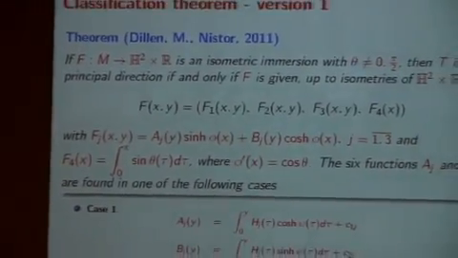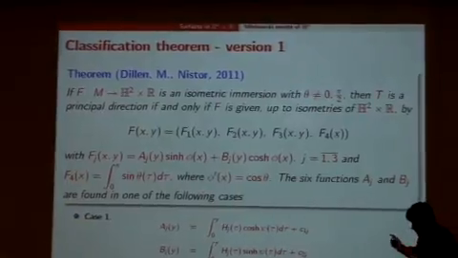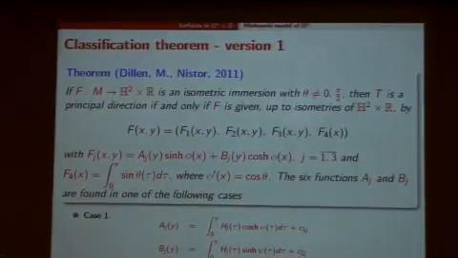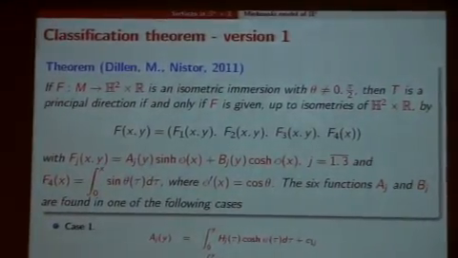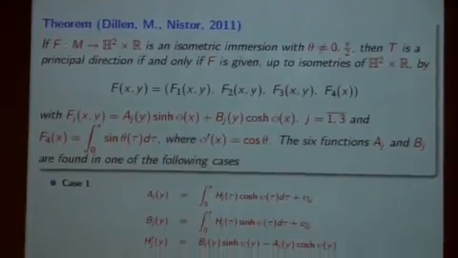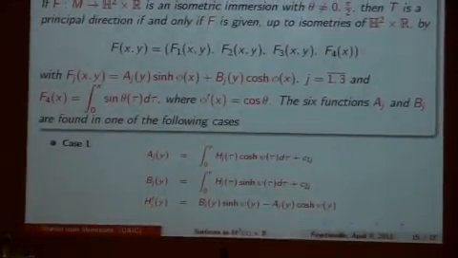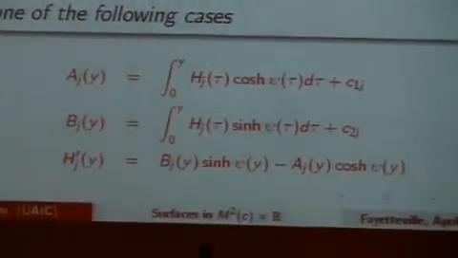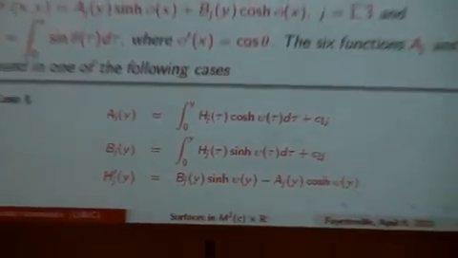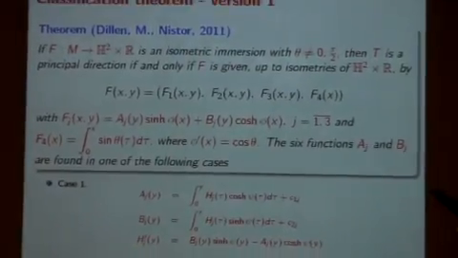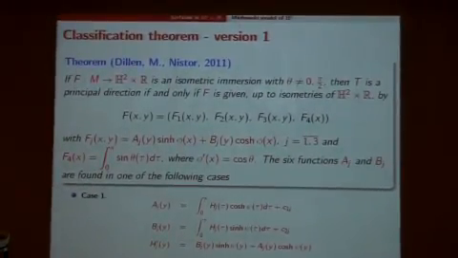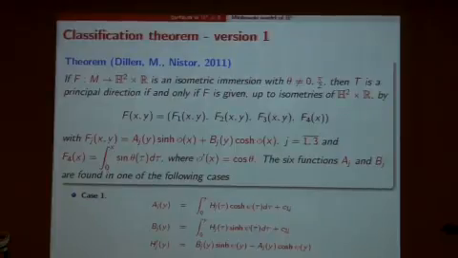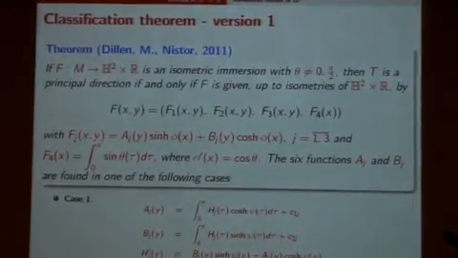And now the classification theorem. I want to point out the main difference between this case and the ambient S2 cross R. At a certain point we obtain an ordinary differential equation, which in the spherical case has only one solution, and in our case it is more complicated and has three solutions.